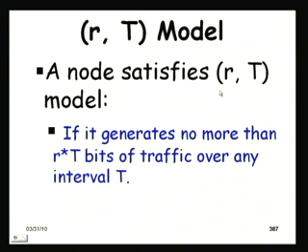R is the average data and R into T bits of traffic over any interval T, but this is a more restrictive form than the Xmean Smax model, because for the interval T it does not generate more than R into T bits of data.